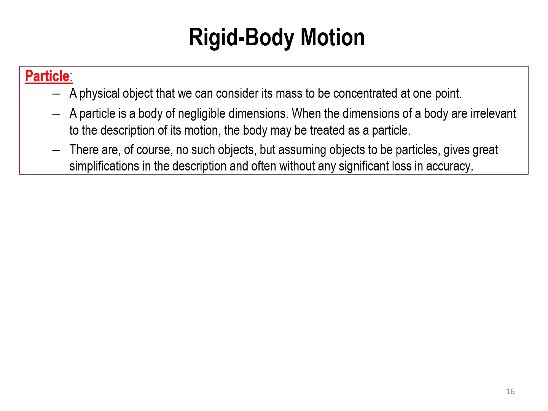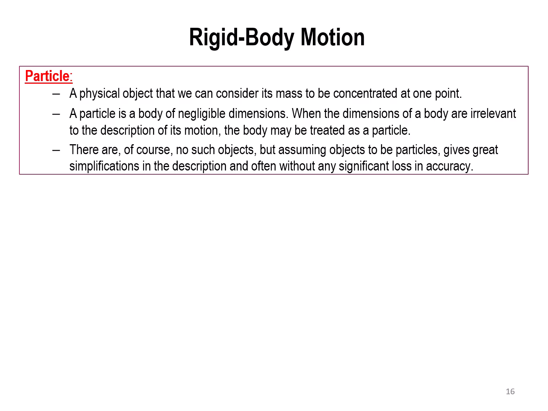Now we come to rigid body motion. A particle is a physical object whose mass we can consider to be concentrated at one point. Just imagine a spherical metal ball with all its mass at the center, and then the weight.